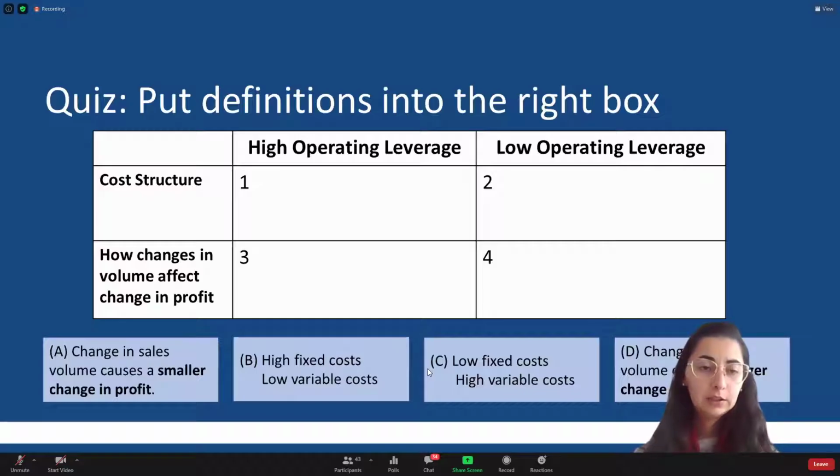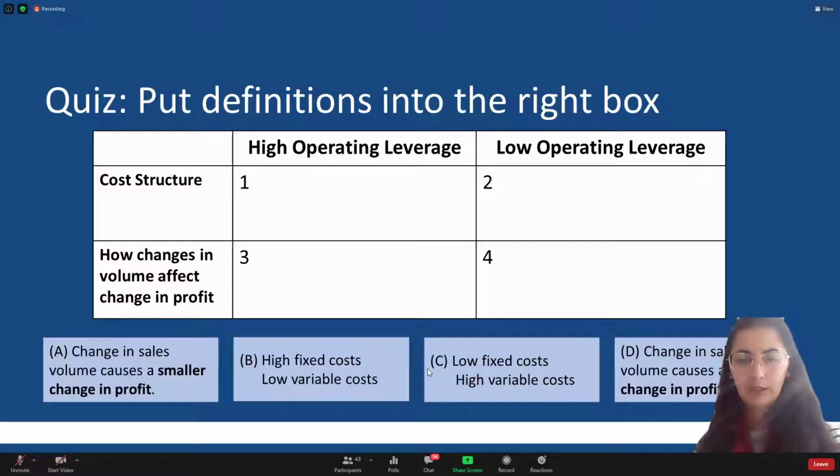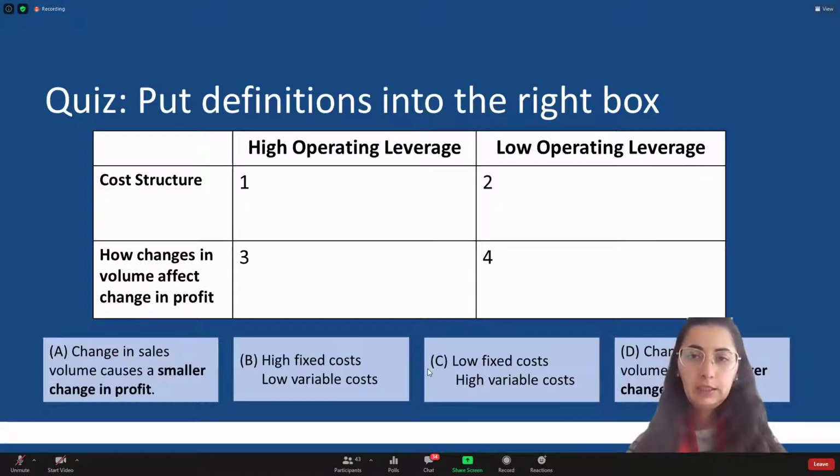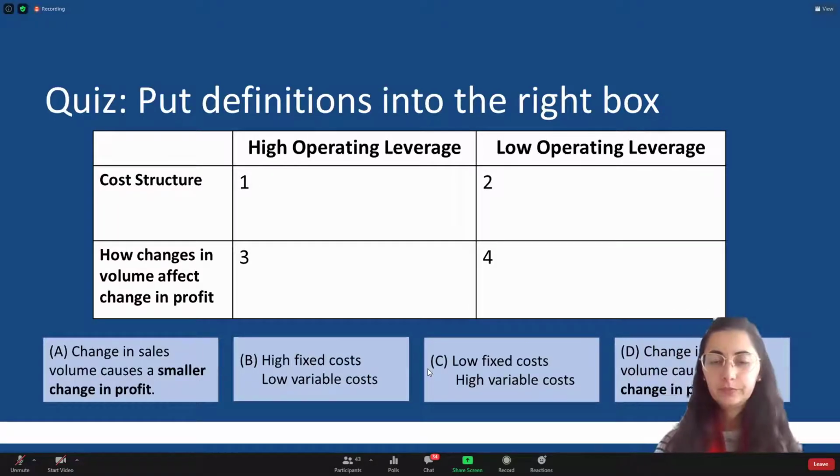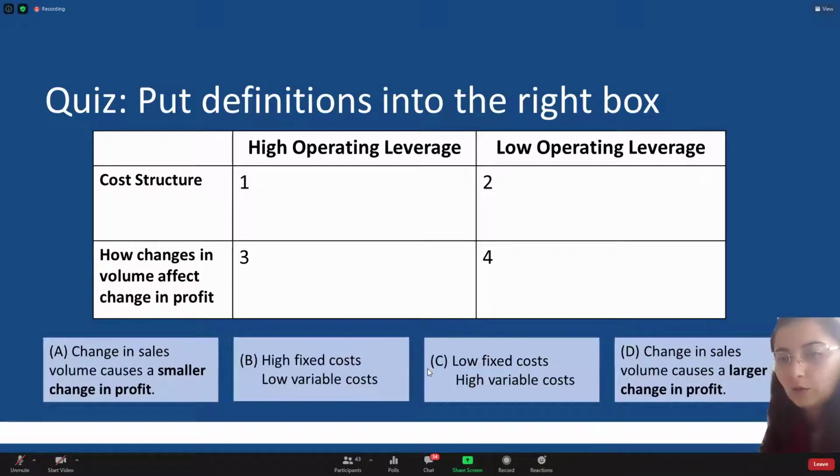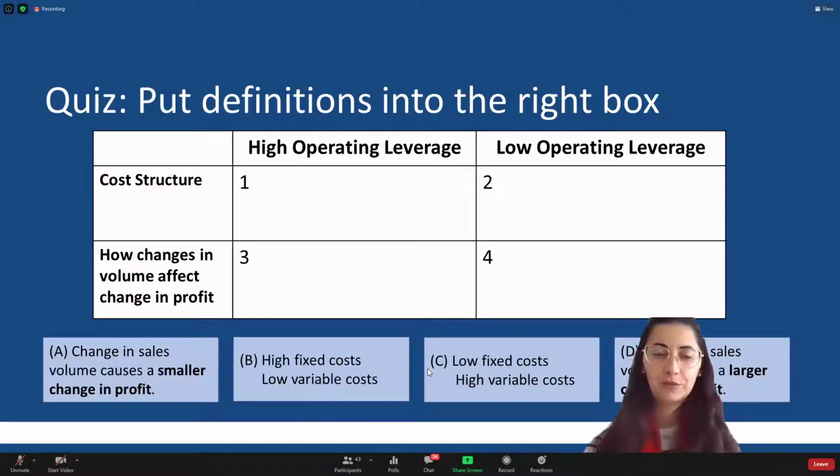So box A, change in sales volume causes a smaller change in profit. So would that be high operating leverage or low operating leverage? Box B, we have high fixed costs and low variable costs. So is that high operating leverage or low operating leverage? Box C is the other way around, low fixed costs and high variable costs. And box D is change in sales volume causes a larger change in profit.